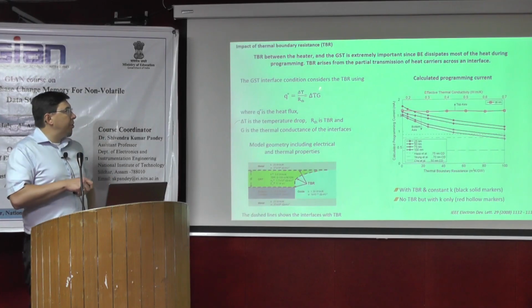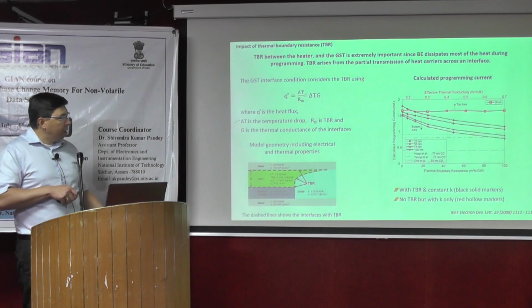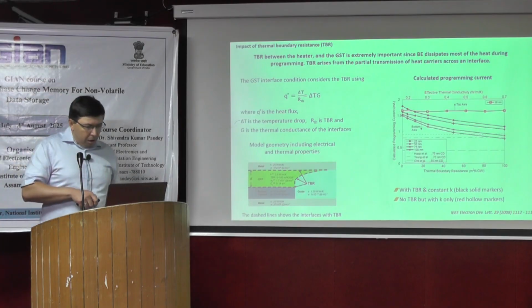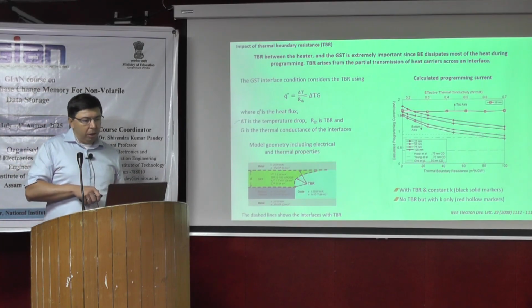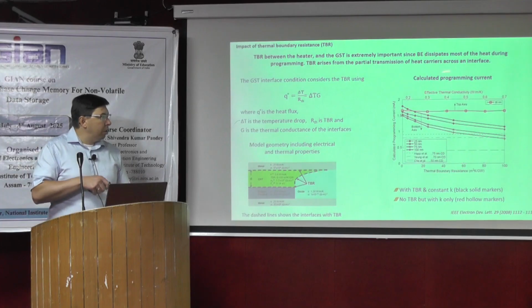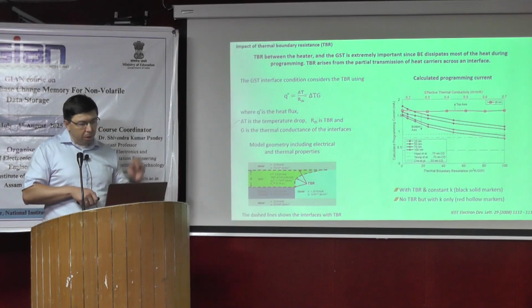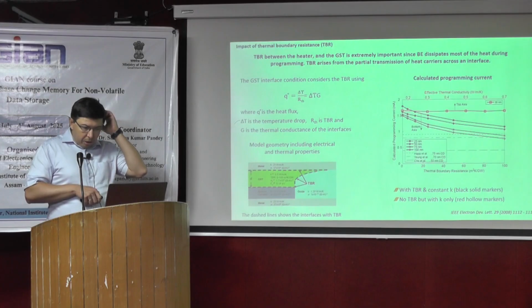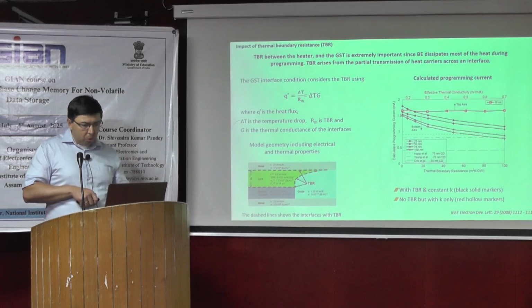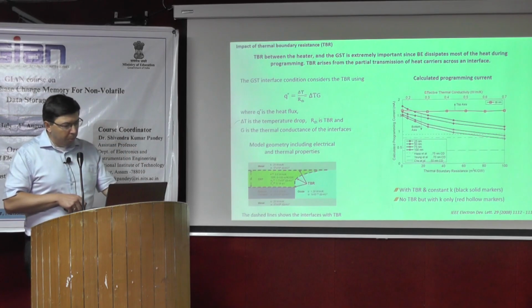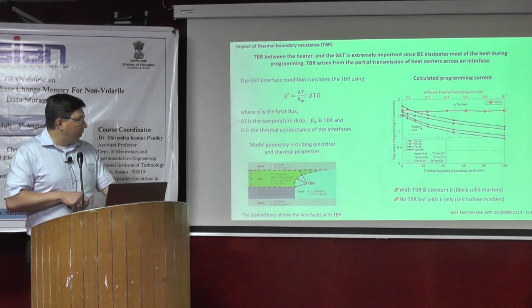Actually, this G can be measured experimentally. I will show you later. But now some calculated programming currents. You can consider your system and change the conditions, to take into account the thermal boundary resistance or without thermal boundary resistance.